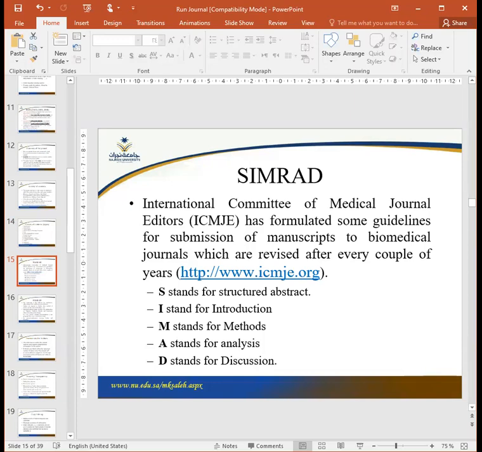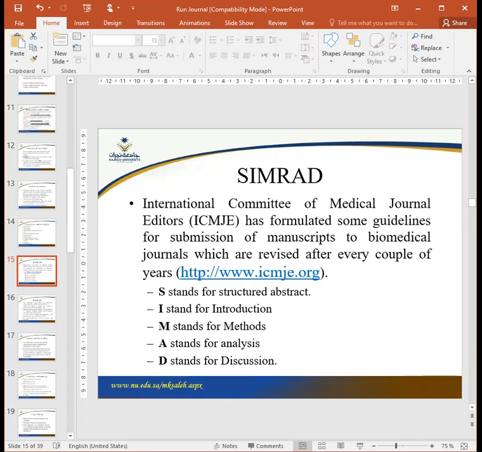ICMJE has formulated some guidelines for submission of manuscripts to biomedical journals, which are revised every couple of years. Biomedical journals have a standard format.